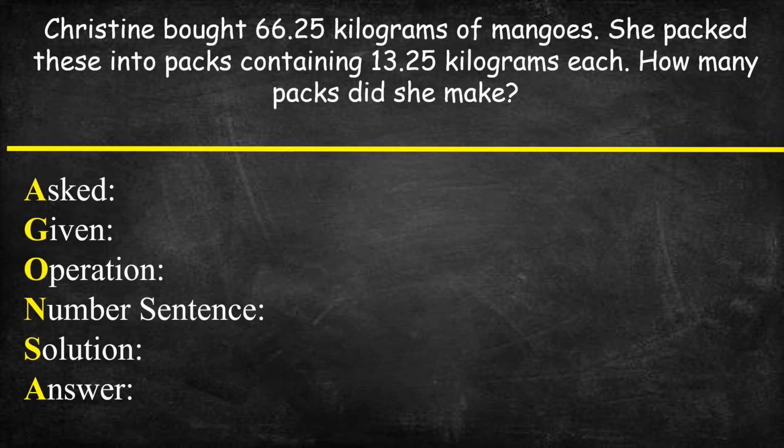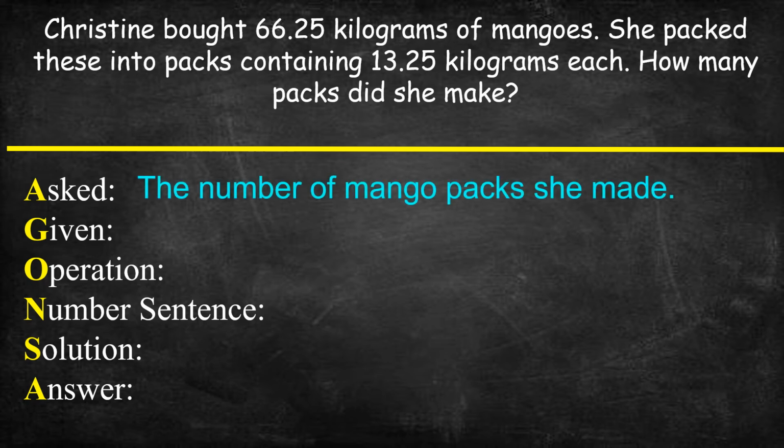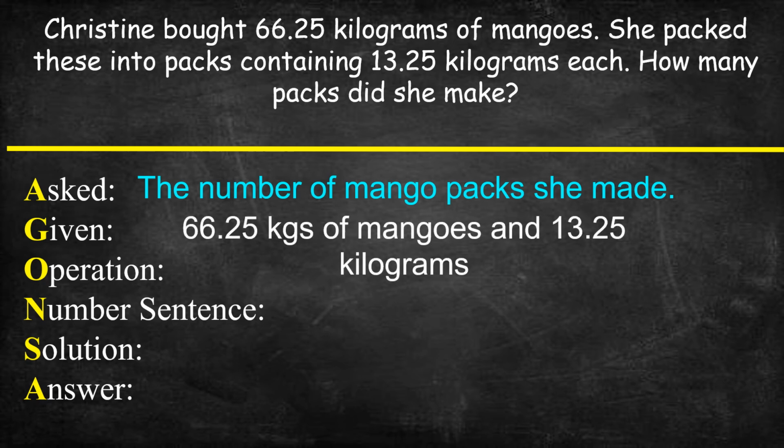So, what is asked in the problem nga ba? Yan, the number of mango packs she made, or how many packs did she make? How about our given? Our given is 66 and 25 kilograms of mangoes and 13 and 25 kilograms per pack.